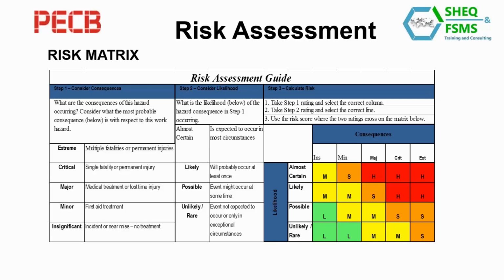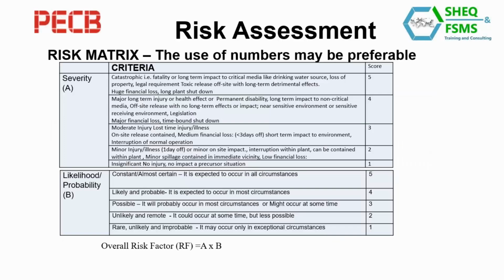The use of numbers may be preferable. On the right column there, you have severity, which I have named A, and likelihood and probability, which has been named B. So on the criteria there, you go to the extreme right. On the column of score, you find 5, 4, 3, 2, 1.